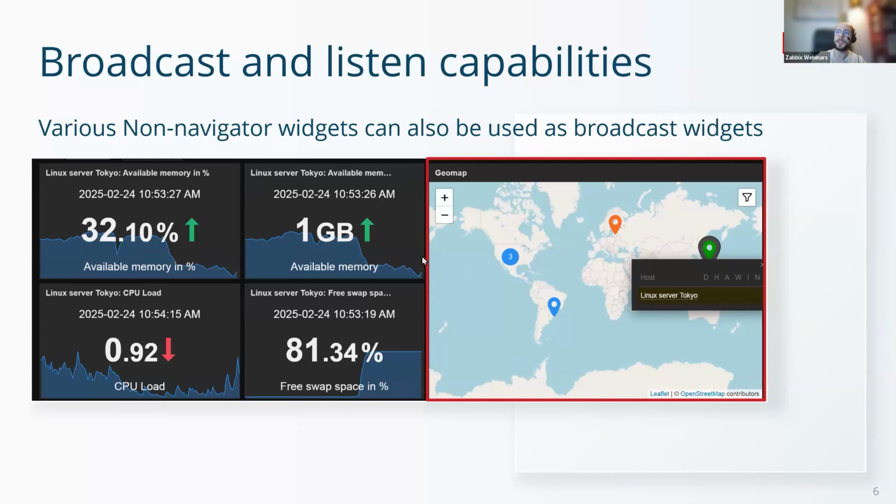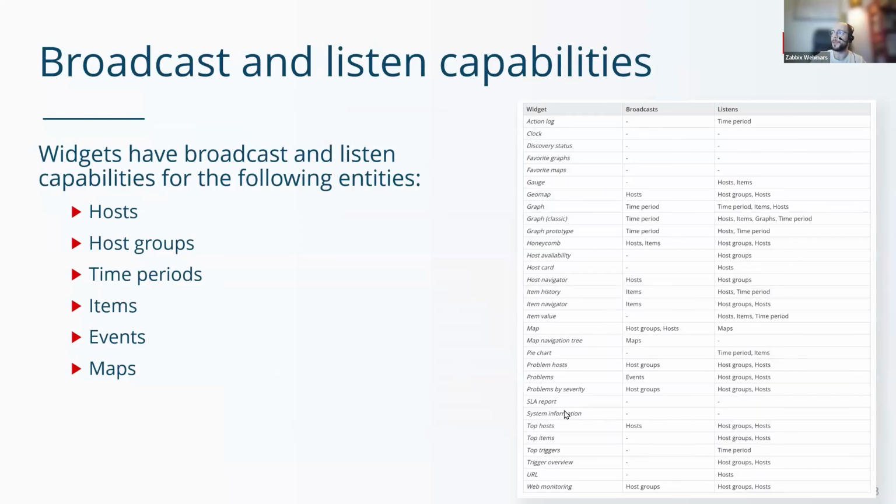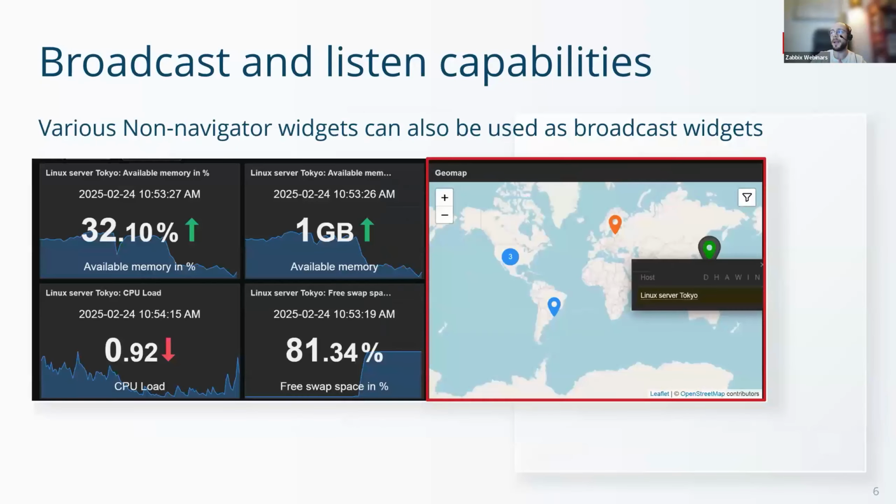So they're displaying CPU load, memory information, swap space about the host I have selected on my GeoMap. So it's not just navigators that can be used for this. Various other widgets can be used, and that's why this table is very useful. Here you can learn which widget can listen and which widget can broadcast. That way you can make highly interactive dashboards for your Zabbix environment.